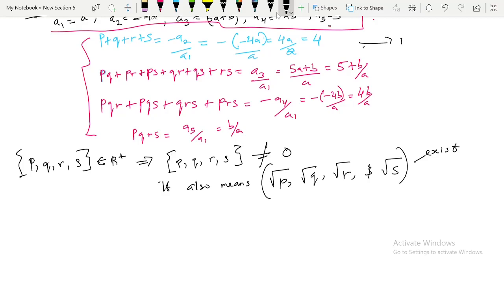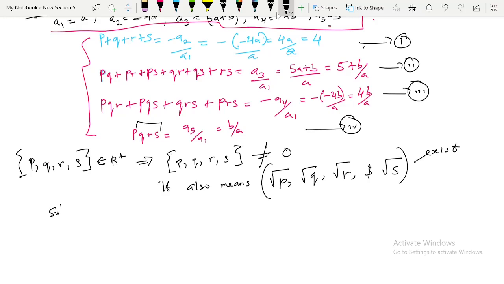So let's manipulate these four equations now. Let's call this 1, 2, 3, 4, right? So we can manipulate. What do I mean by that? From equation 4 we have PQRS is equal to B over A, right?